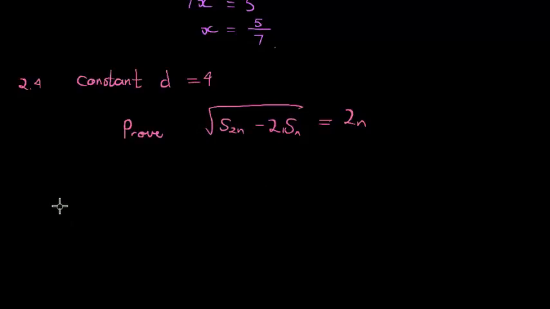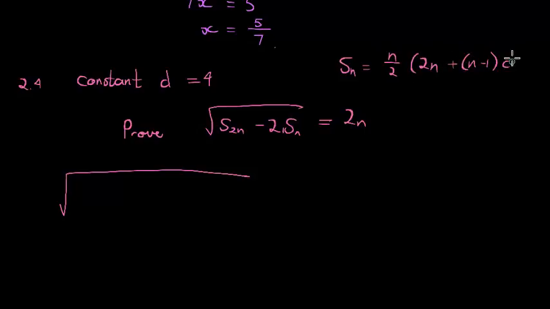Okay, so let's take the square root of S2n. We know we're working with an arithmetic sequence. That's what they said. So for an arithmetic sequence, the sum Sn has the formula n over 2 times 2a plus n minus 1 d. Now, if that is what Sn is, S2n just means every n must be multiplied with 2.